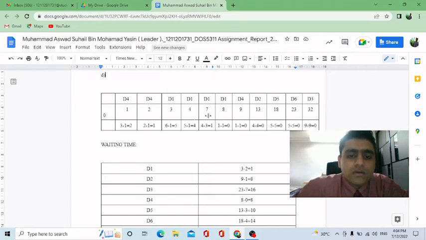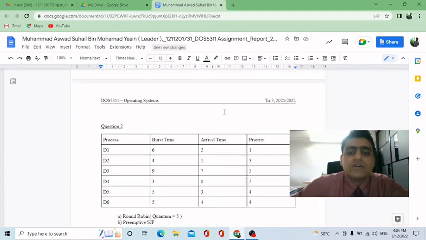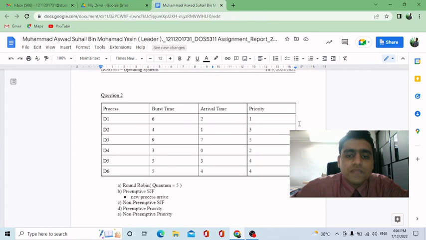For the preemptive priority, we must look at the burst time, arrival time, and priority. In case the priority is more than the upcoming or previous priority, then we need to take that. But we must also look at the arrival time and burst time before we take that process.